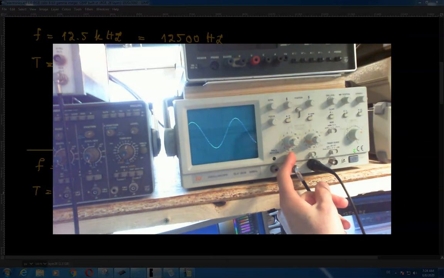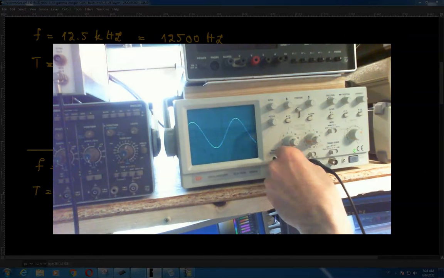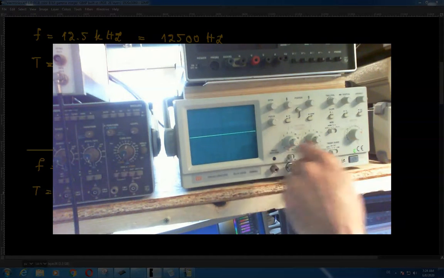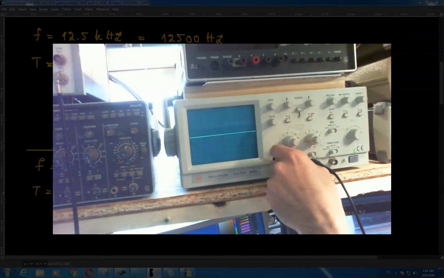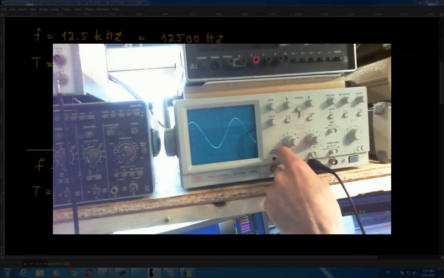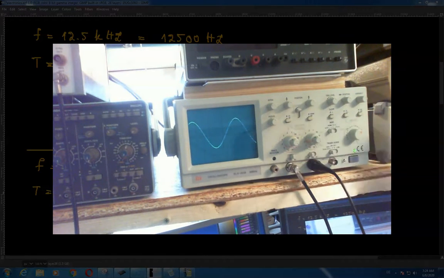Essentially this is supposed to be the DC offset.